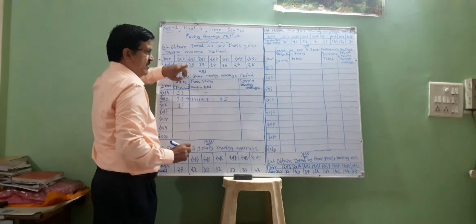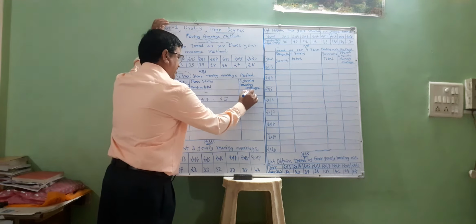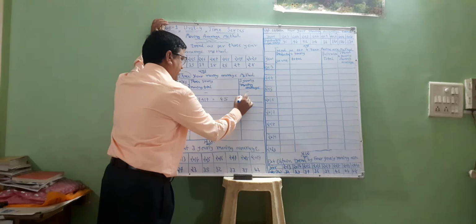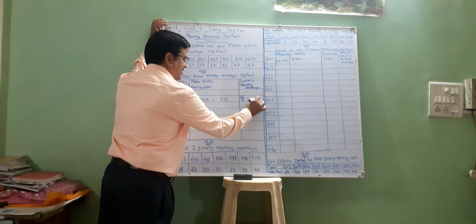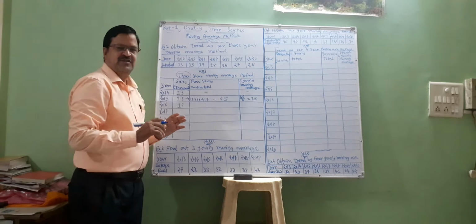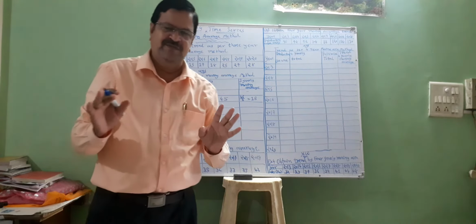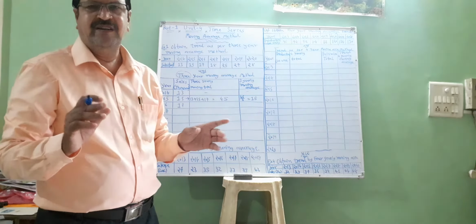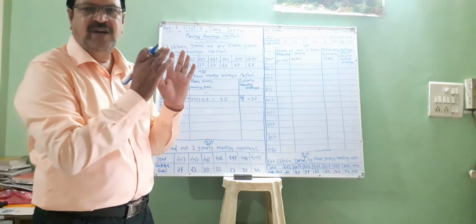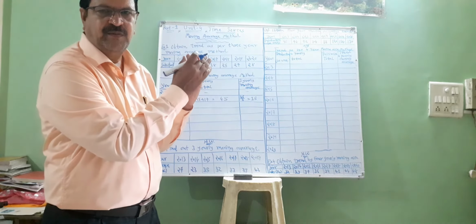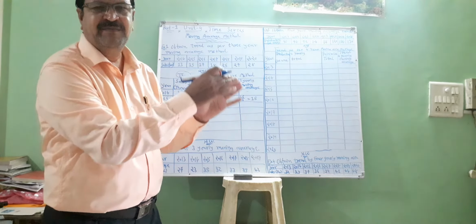And for 3-year moving average, you have to divide this total by 3. So trend is 15. So it is a simple example. Only do sum of 3 items and then divide by 3.